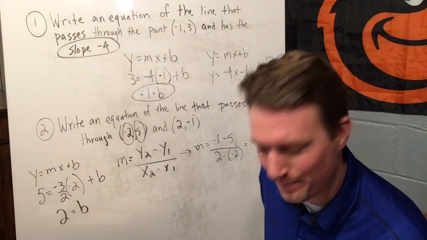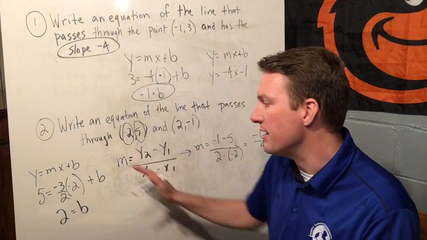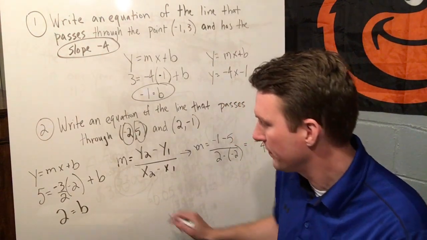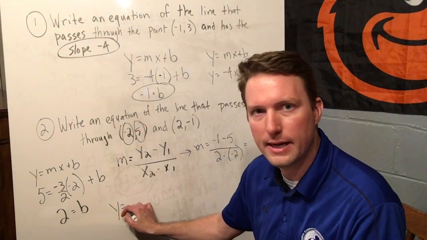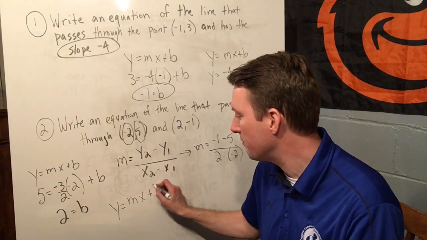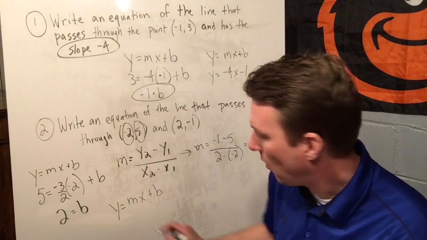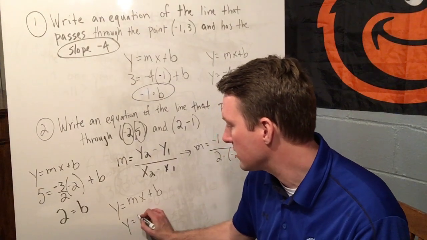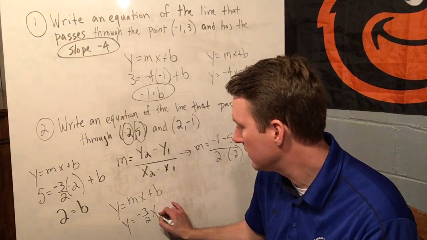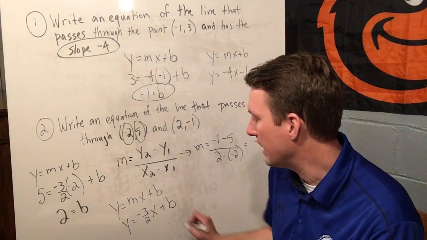I know you did, Liam. Now we can write an equation for the line since we know what the value for b is. y equals mx plus b, where y equals -3 over 2 x plus 2.